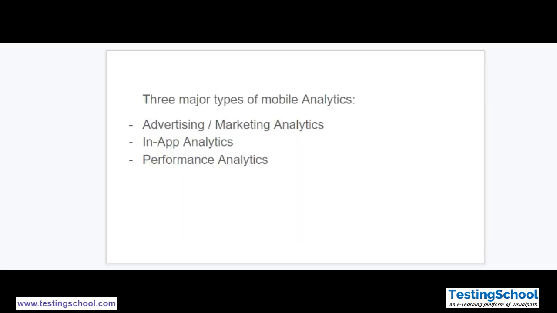Let's summarize the points. The first one is marketing analytics, which gives you the ability to attribute installs and user engagement to a specific ad publisher and ad network, which enables you to allocate your ad spend to the highest performing partners, credit the correct publishers, avoid creating multiple publishers for the same install, determine CPI, and measure the true LTV of users.